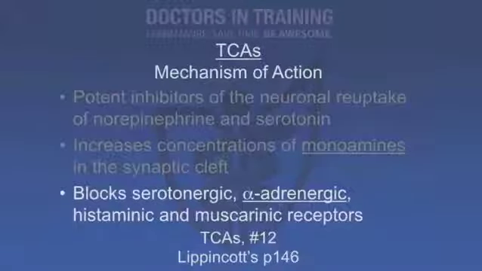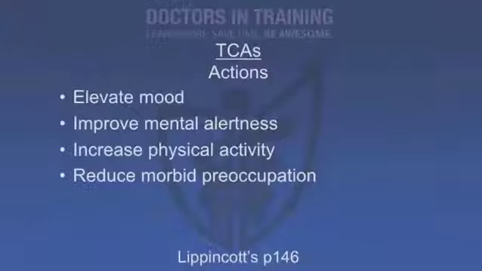Maprotiline and desipramine are selective inhibitors of norepinephrine reuptake. TCAs also block serotonergic, alpha-adrenergic, histaminic, and muscarinic receptors. By blocking these receptors, they have multiple side effects. TCAs elevate mood, improve mental alertness, increase physical activity, and reduce morbid preoccupation in 50 to 70% of individuals with major depression.